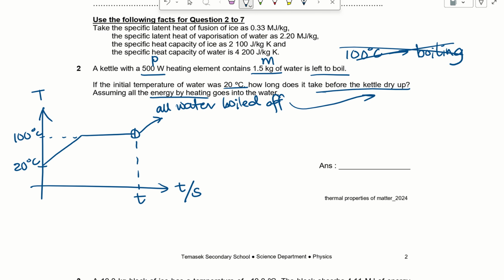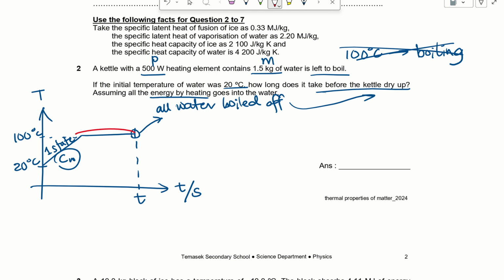Over here will then be my c water, or c liquid, because we'll be using specific heat capacity, whereby there's only one state, the liquid state.